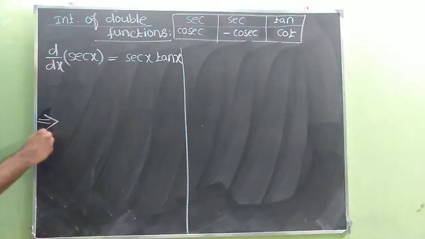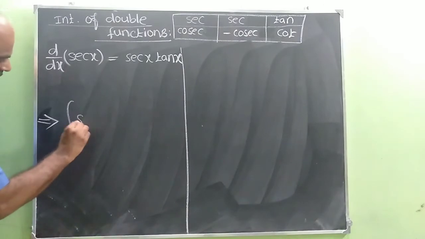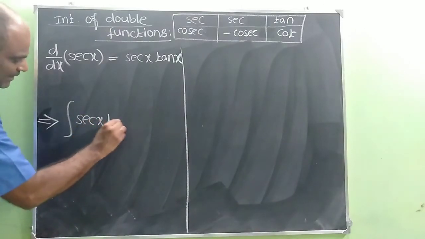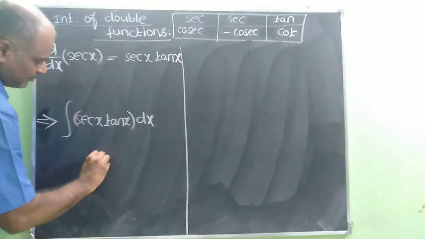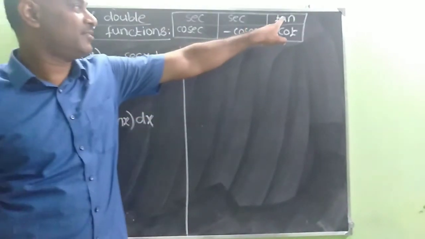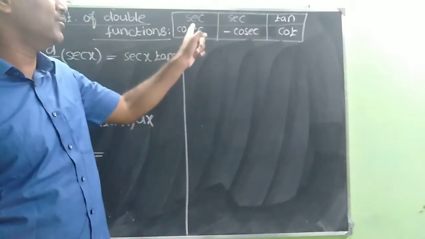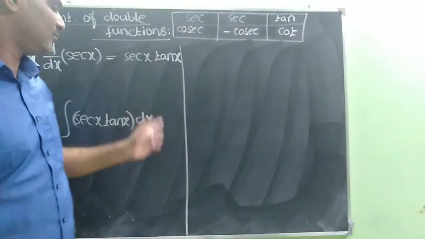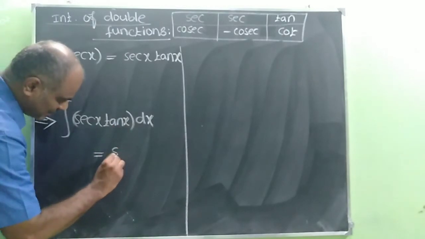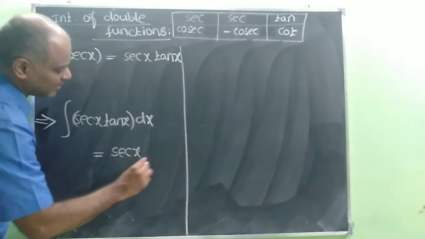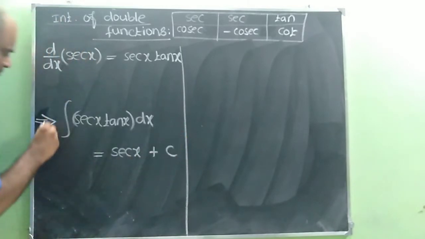This implies integration of secant x tan x dx equals the remaining value, which is secant x. So integration of secant x tan x equals secant x plus constant c.